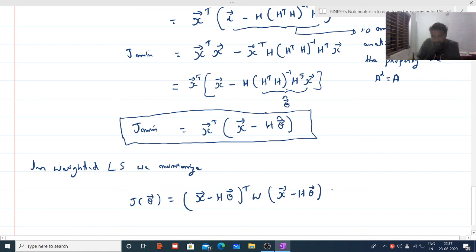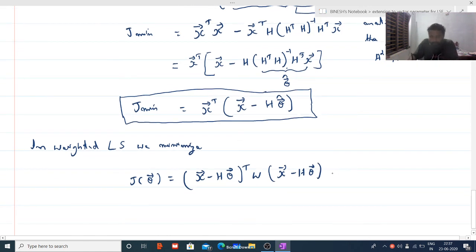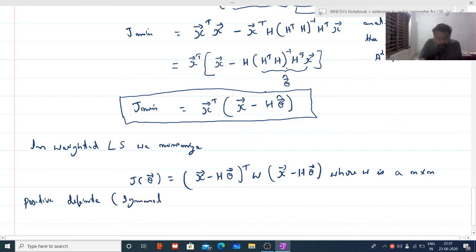I will not derive this one, directly we can write, okay, where W is an n cross n positive definite, that is symmetrical weighting matrix. W is a weighting matrix, okay, symmetrical weighting matrix.